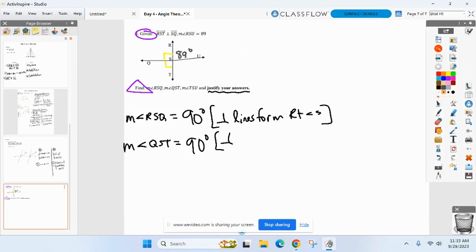Again, same reason. Unfortunately, you can't use that reason for the last angle. You're going to have to do a little different explanation for angle TSU. And honestly, this would have been the only time you needed your calculator today, maybe. So that's why I didn't have you get it for one calculation.